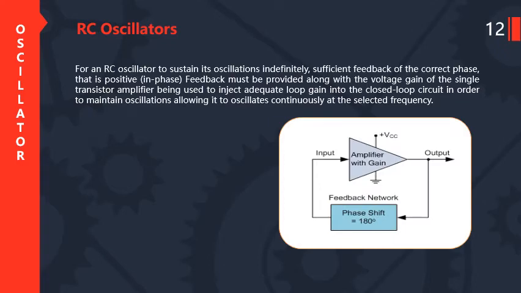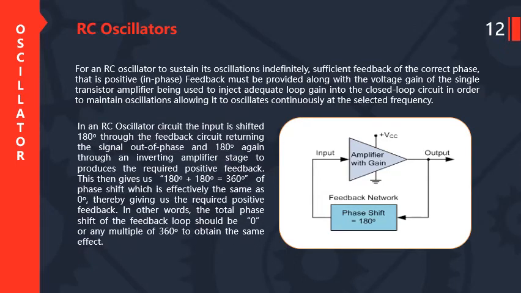So this is the diagram for the RC phase shifter. In an RC oscillator circuit, the input is shifted 180 degrees through the feedback circuit, returning the signal out of phase, and 180 degrees again through the inverting amplifier stage to produce the required positive feedback.